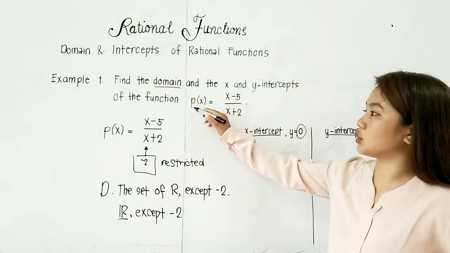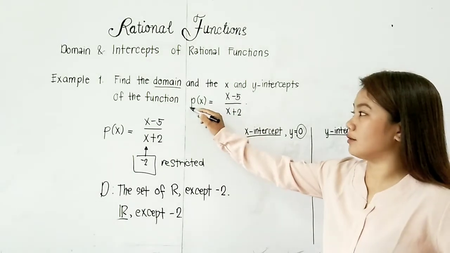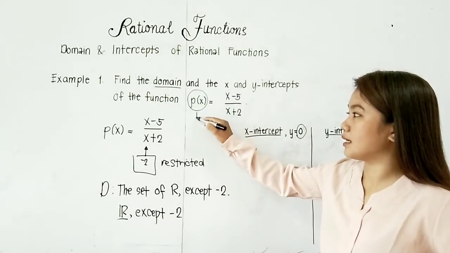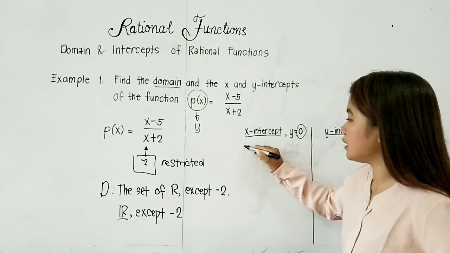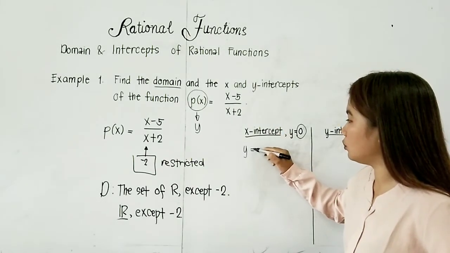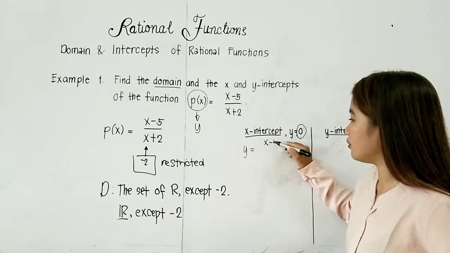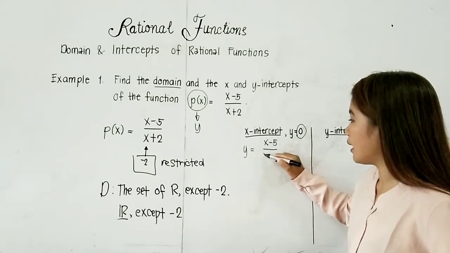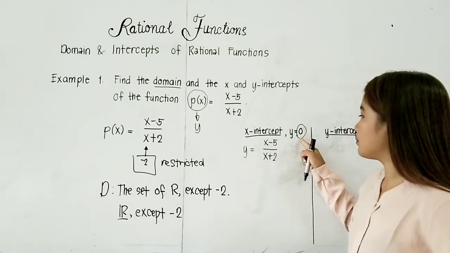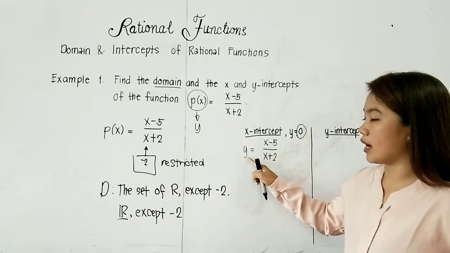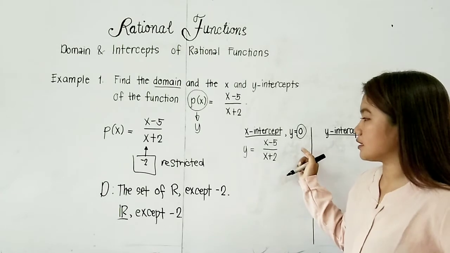In our function, our y here is p of x because p of x is also known as y. So our function is y is equal to x minus 5 all over x plus 2. So what I said, we will substitute 0 in our y for us to get our x-intercept.